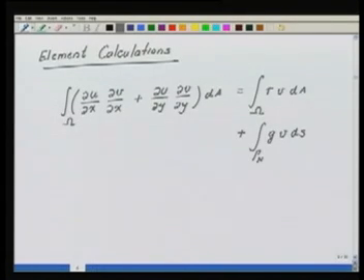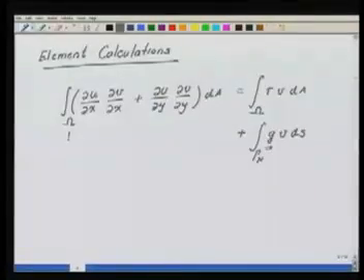G is the specified boundary flux and V is our test function or the weight function that we have used. So this is going to be our weak form, which is obtained as a specialization of the general weak form we had obtained earlier.